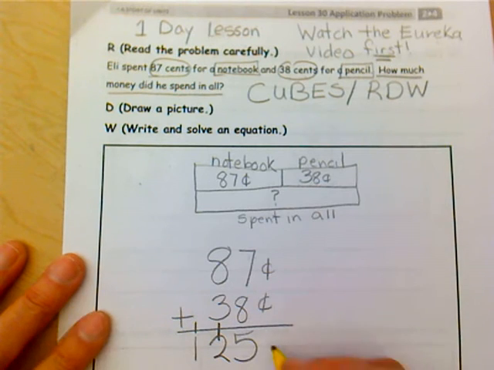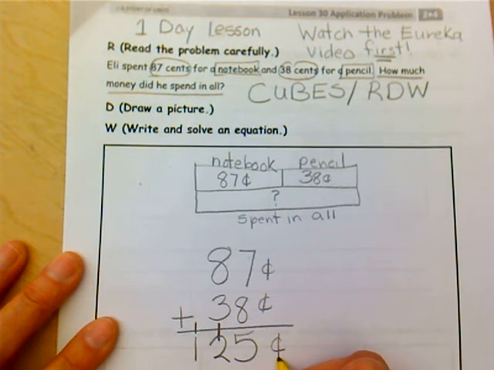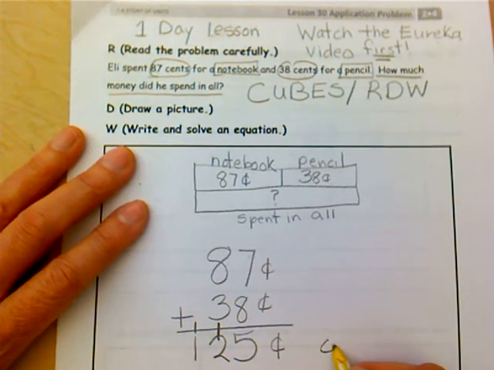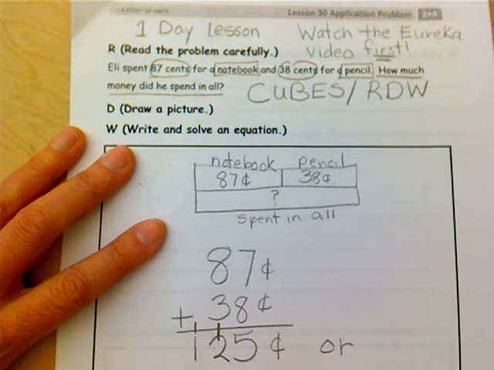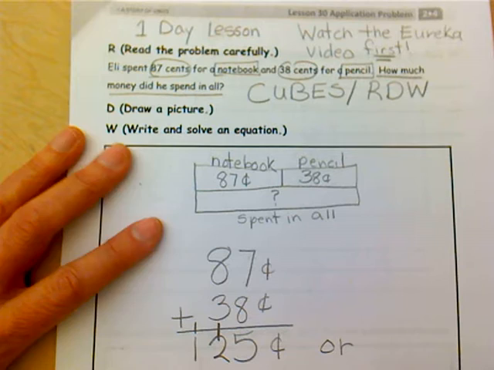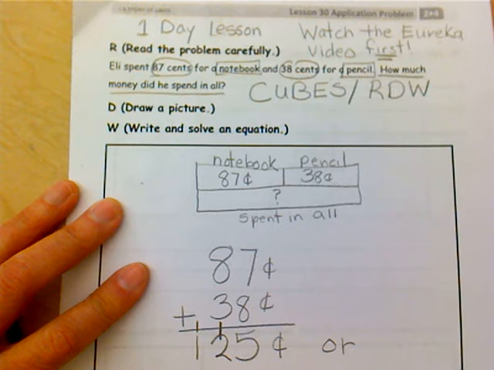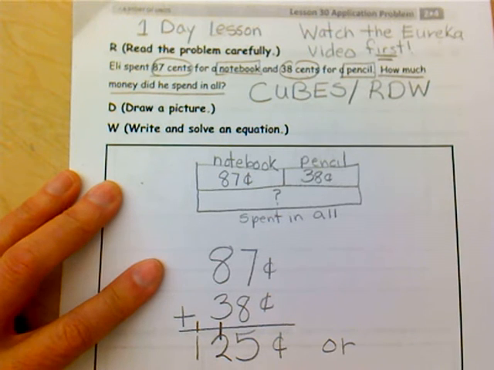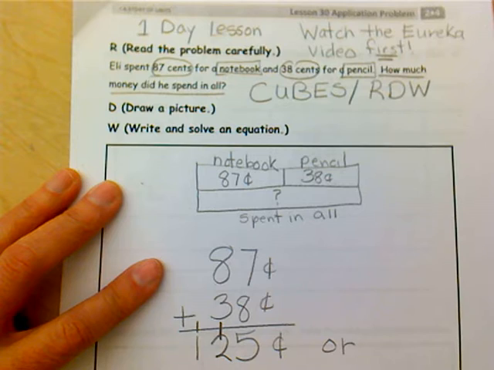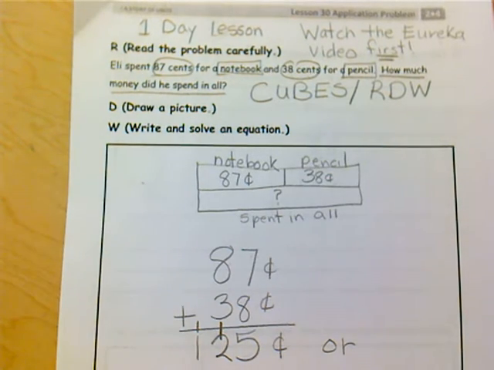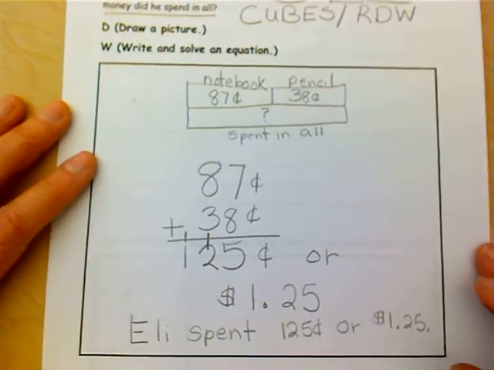So all in total, I have 125 cents, or I could say that as $1.25. So Eli spent 125 cents, or $1.25. All right, there you go. Oops, sorry, didn't show that part.